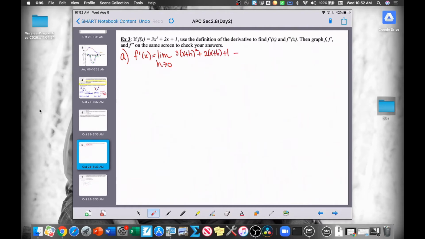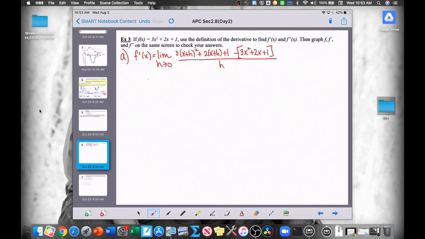And we're going to subtract from that our f of x, and I need to put a bracket around that, 3x squared plus 2x plus 1. And this is all going to be divided by h.